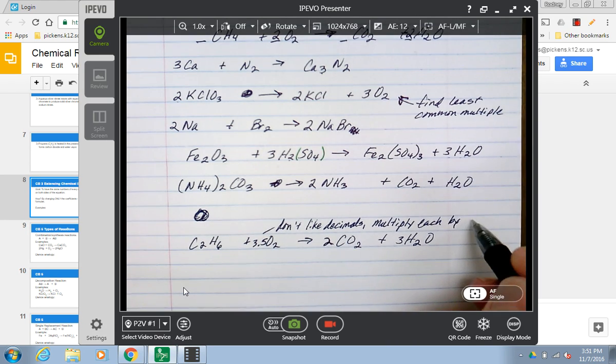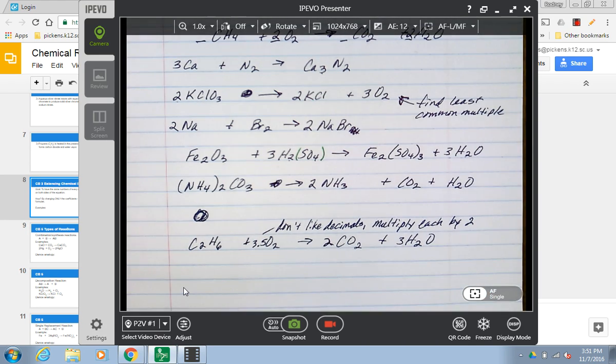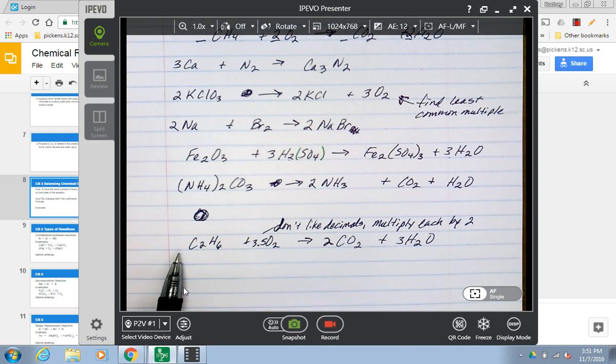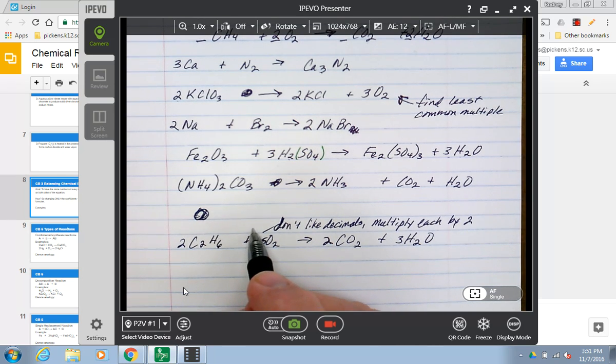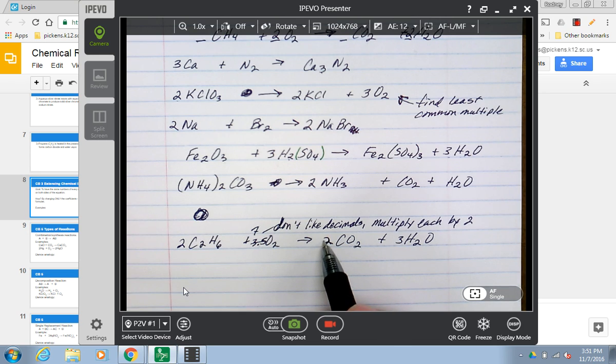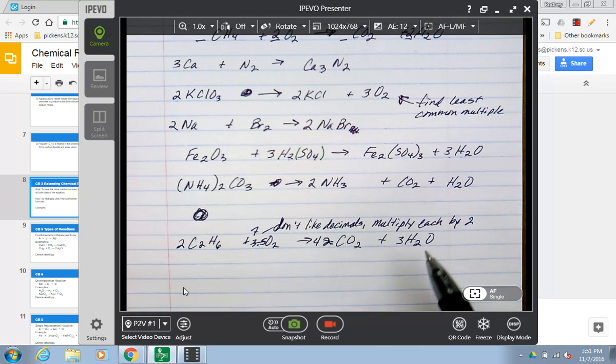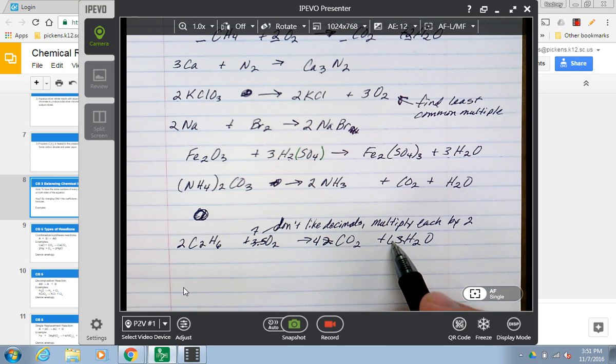All right? So since we don't like decimals, if I go back and multiply each coefficient by 2, let's see what that does. So this is understood to be a 1. So 2 times 1 is 2. 3.5 times 2 gives me what? 7. 2 times 2 gives me 4. And 2 times 3 gives me 6.